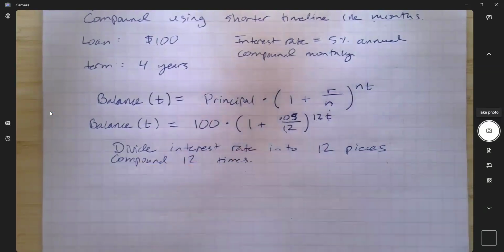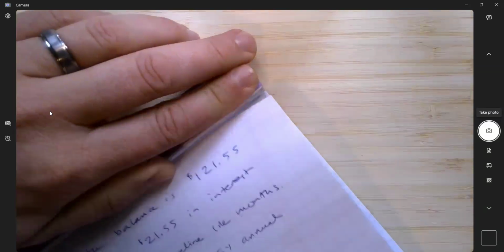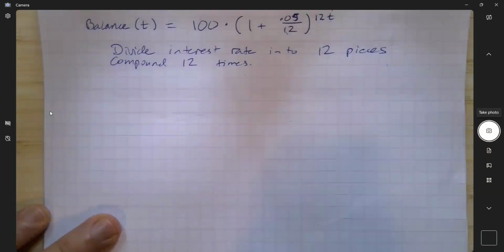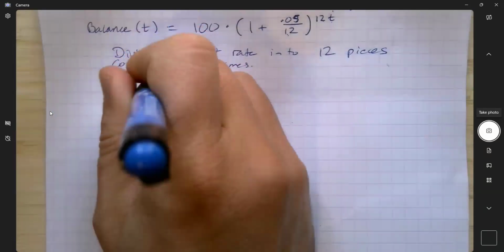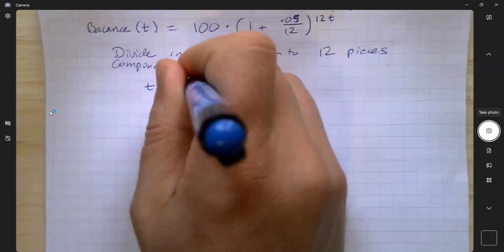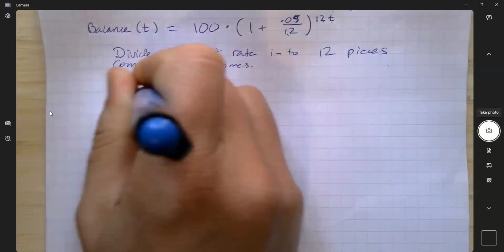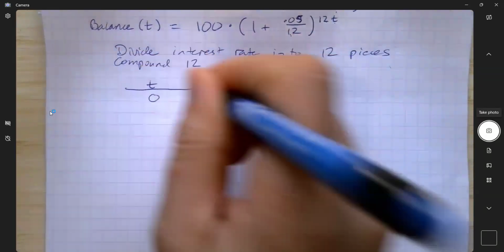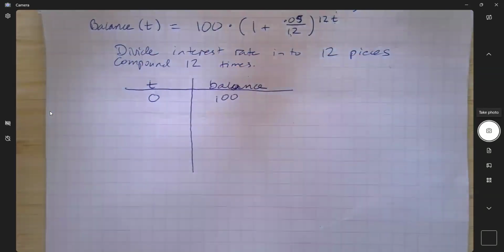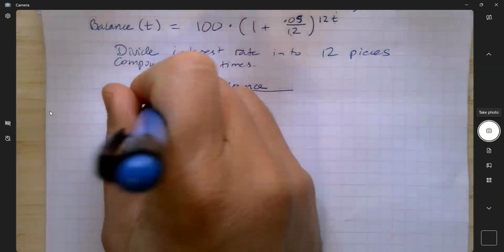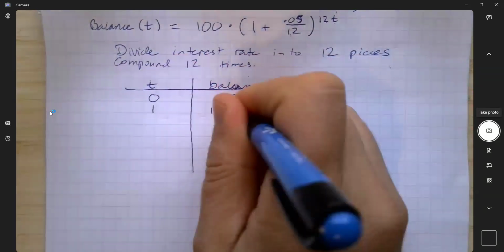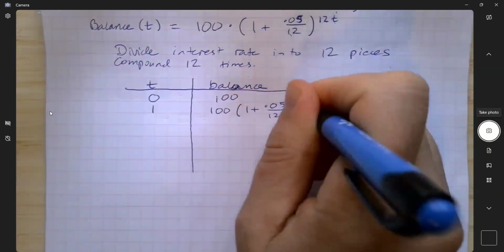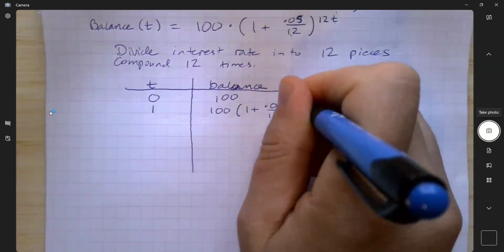Let's see if I have space. There's my formula. So we'll have T here and the balance over here. Well, again, at the beginning, it's just a $100 principal. After 1 year, I take that $100 and I compound it 12 times.